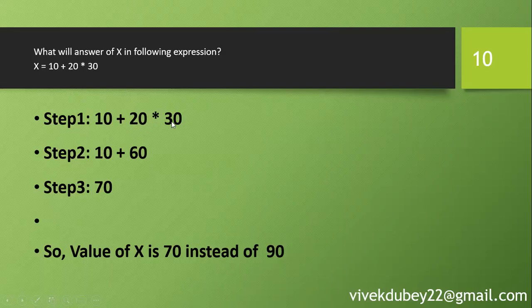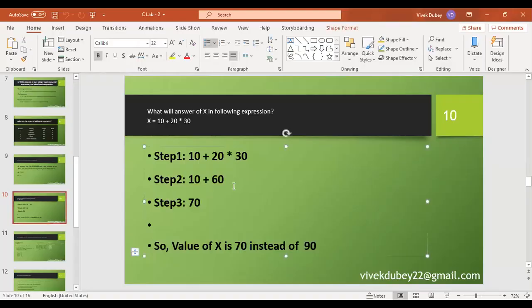So 10 + 20 * 30, the second step 10 + 600. 20 * 30 is not 60, it is 600. Now 600 + 10 will be 610. Okay, so the value of x is 610.